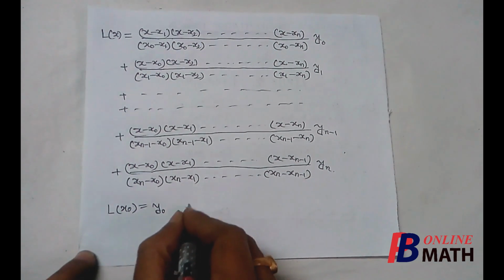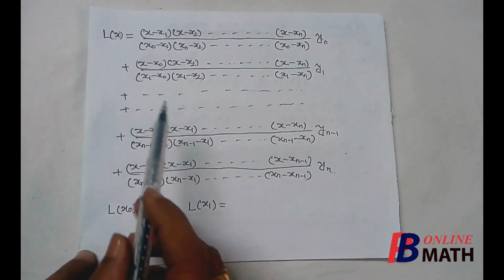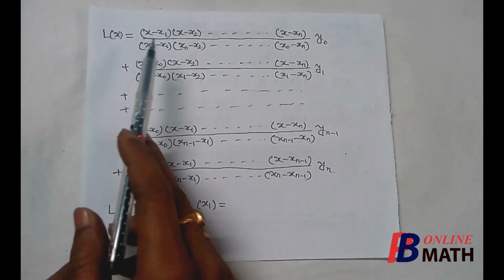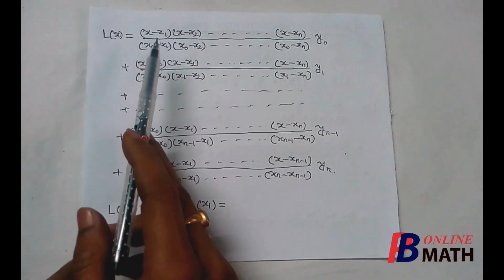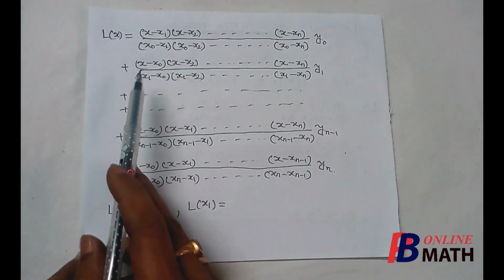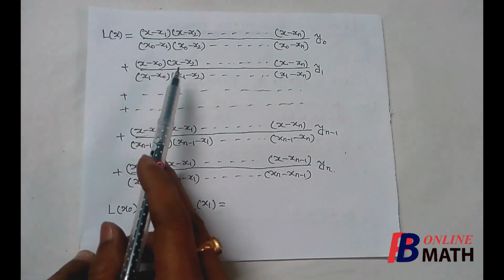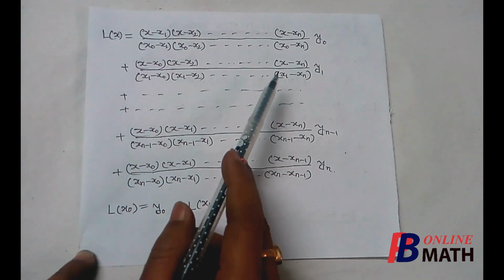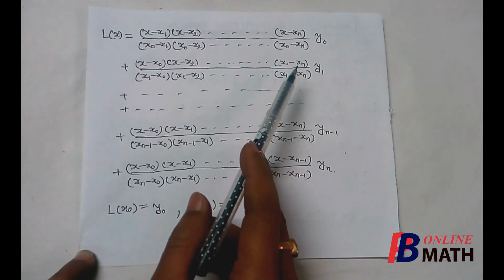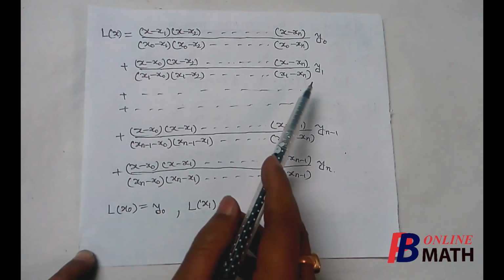Similarly, if we replace x equal to x1 here in the polynomial, then in the first term there is x minus x1. So if we replace x equal to x1, then this becomes 0. And for the second term, if we replace x equal to x1, then it is (x1 minus x0), (x1 minus x2) up to (x1 minus xn), which is exactly equal to the denominator. So this is 1 multiplied by y1.